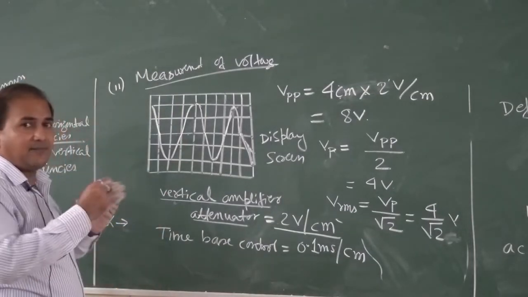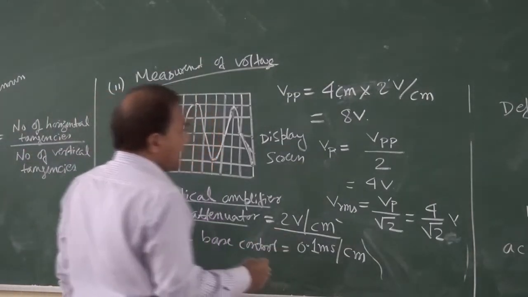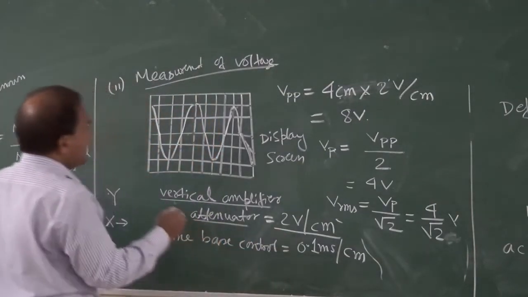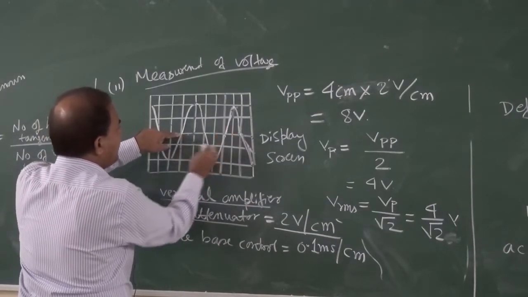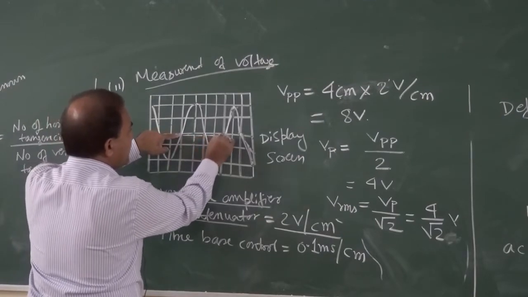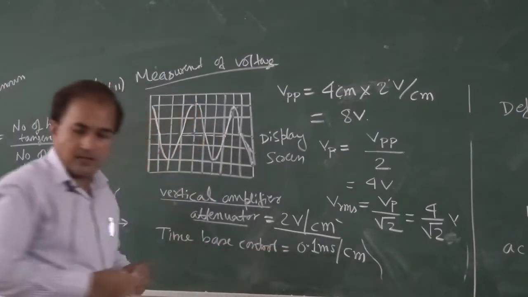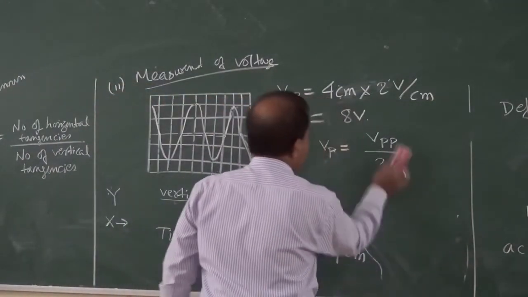Then how can we determine the frequency of the signal? In order to measure the frequency, first of all we have to find the time period. So this is 1, this is 2, this is 3, and this is 4. How can we determine the time period?